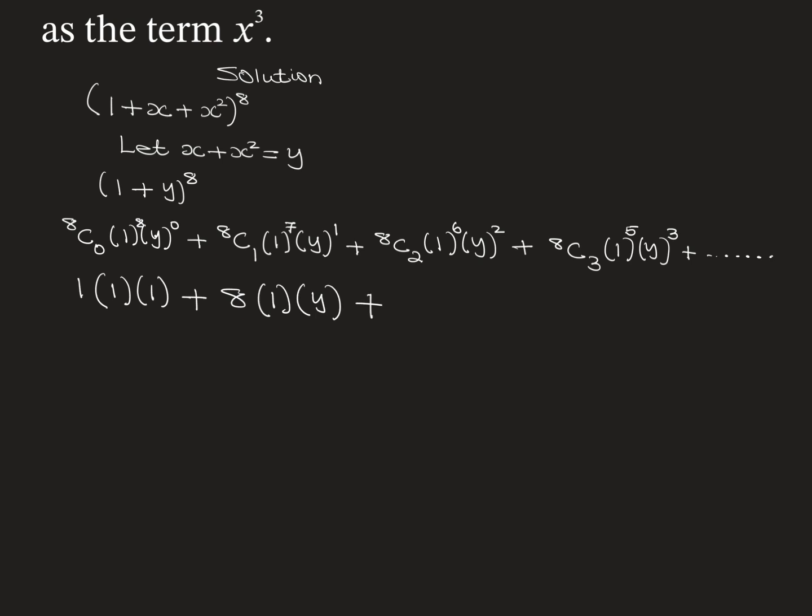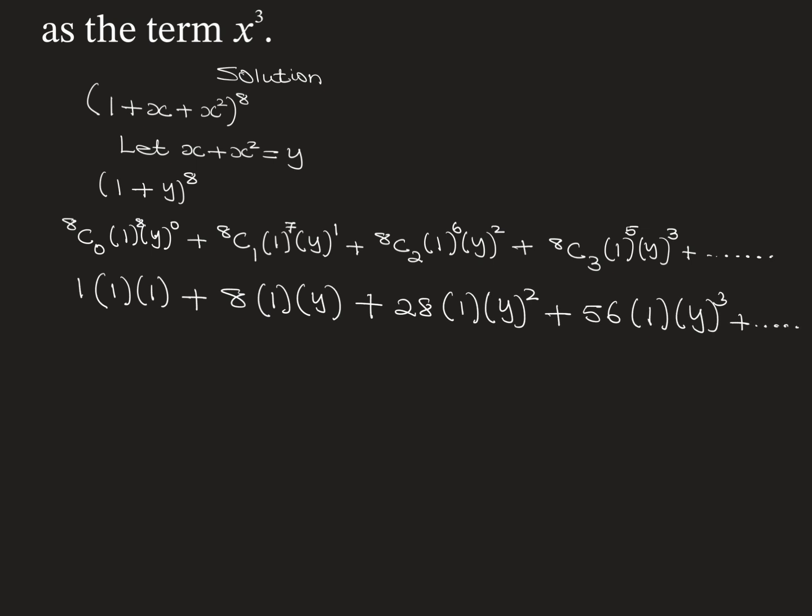Then plus 8 combination 2 is 28 into 1 to the power 6 is 1 into y to the power 2, plus 8 combination 3 is 56 into 1 to the power 5 is 1 into y to the power 3, then plus continuous.